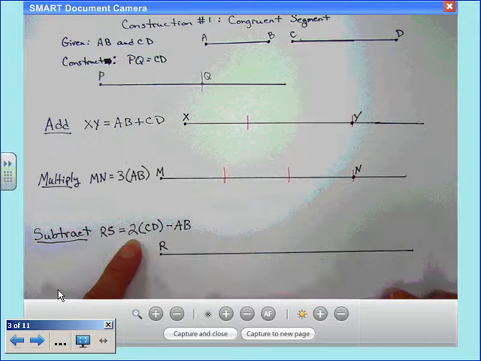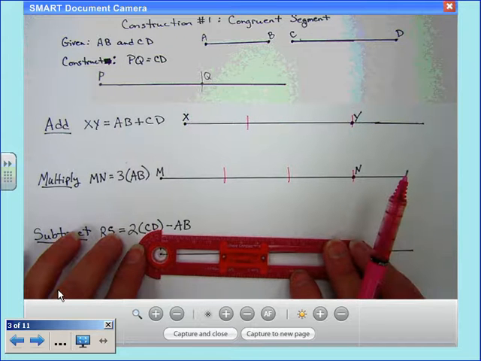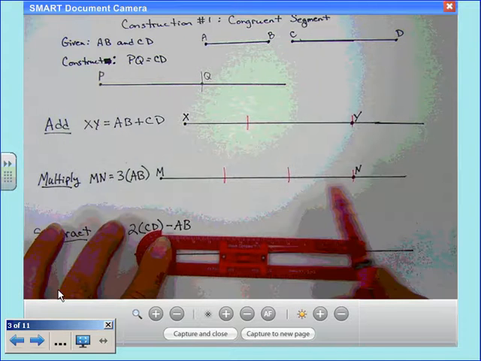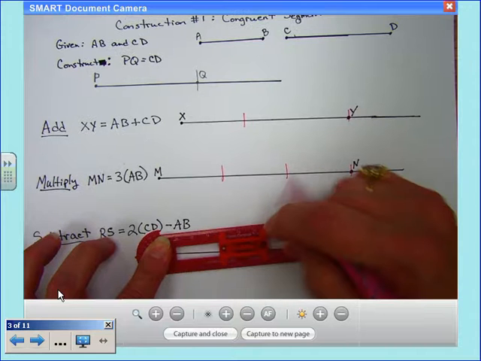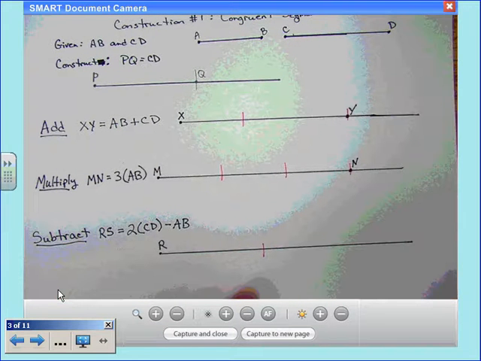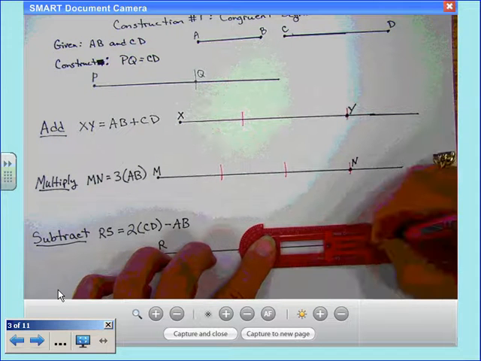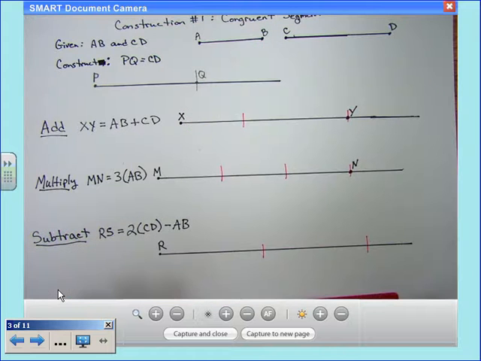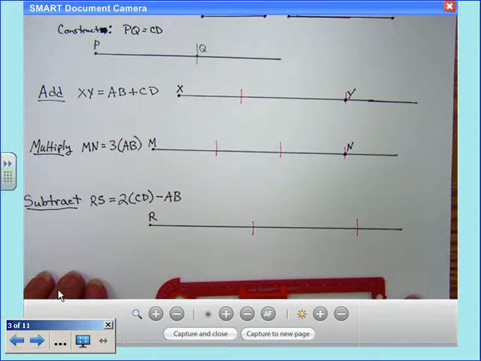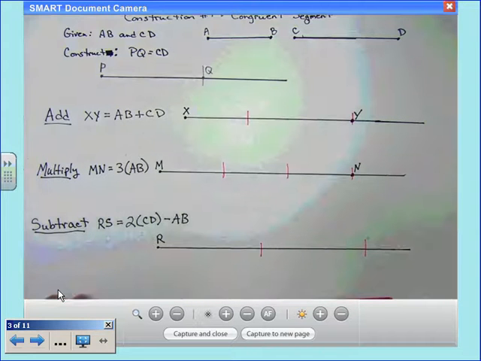I need to do it 2 times. So I put R as the endpoint, R as the center, arcing it once. There it is. Moving up, that new point is my center, arcing it again. Okay, that distance is 2 CDs. Sorry about the paper moving.